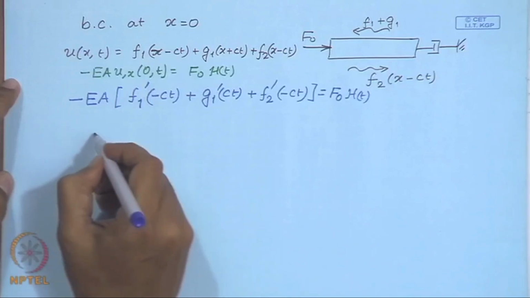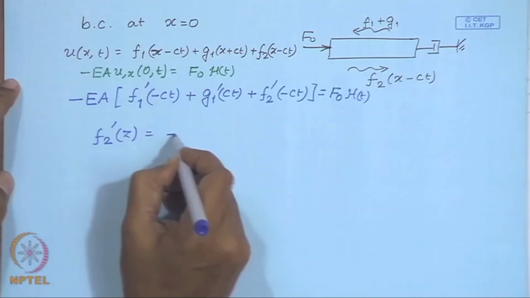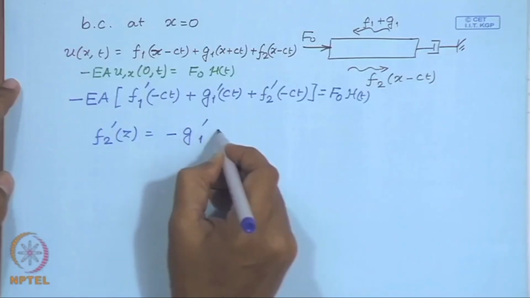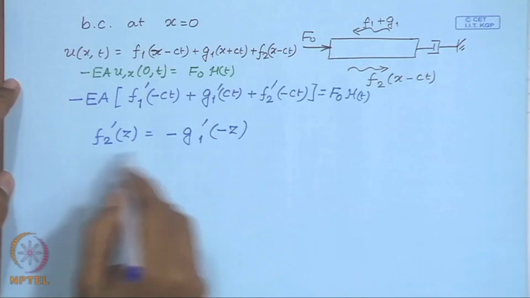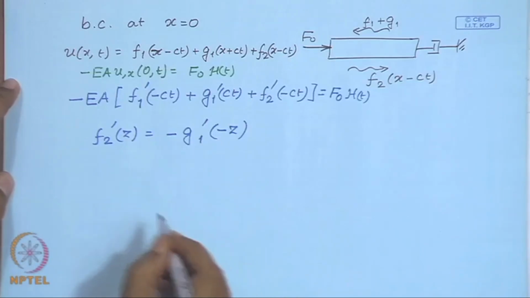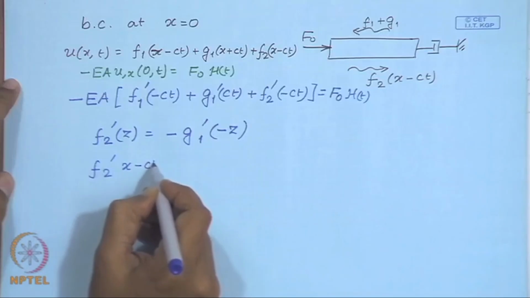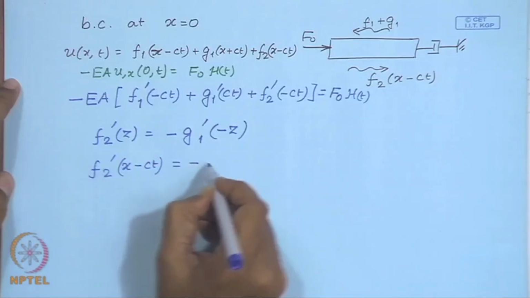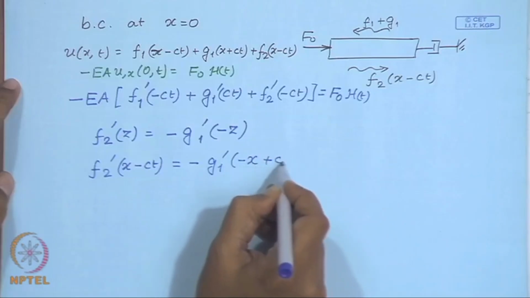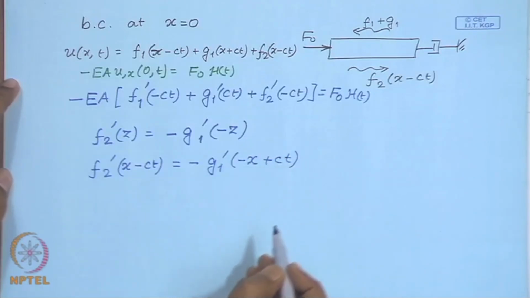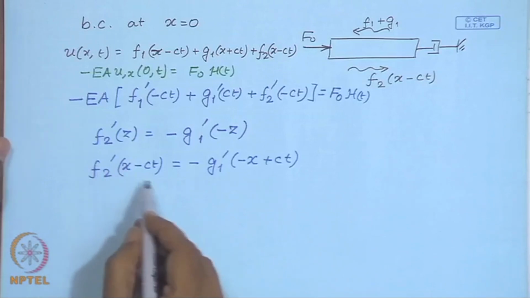So, finally, when you simplify, this is what we are going to obtain, and therefore, so we have solved for f 2 prime x minus c t.